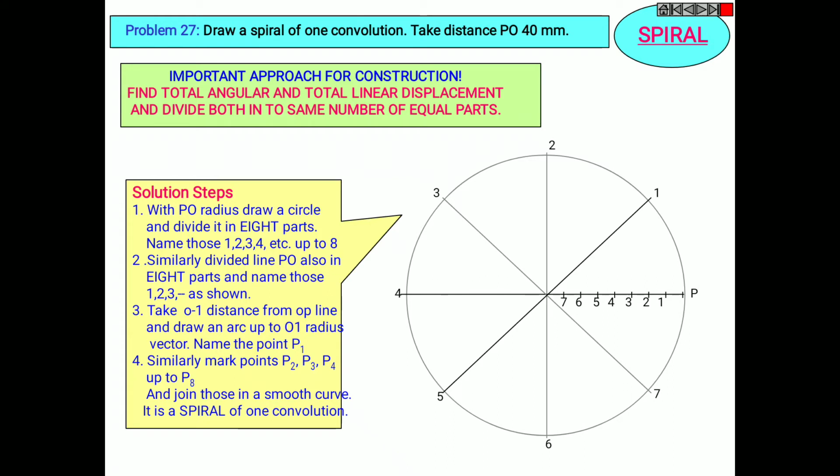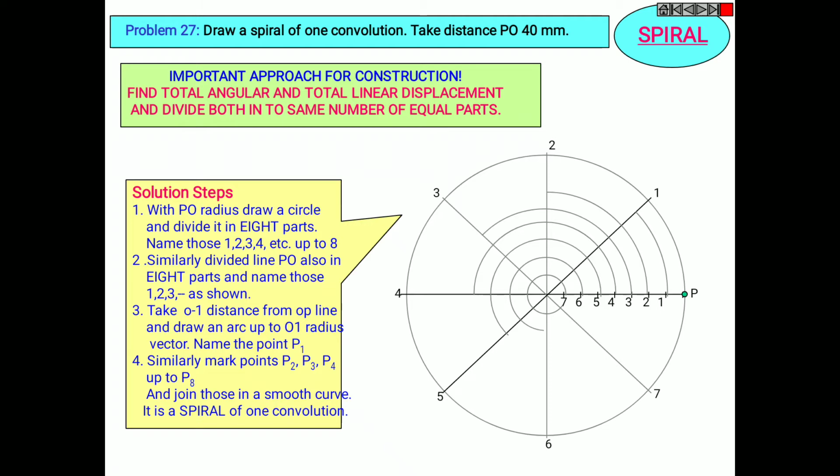Now O to 1 as radius, cut the first line at 1, O to 2 cut at 2 and so on to 8, O to 6 to 6, O to 7 to 7.